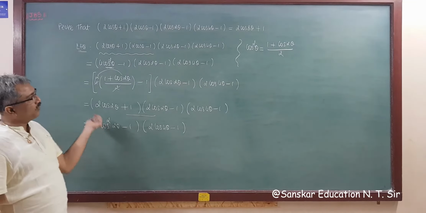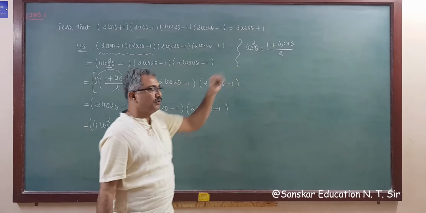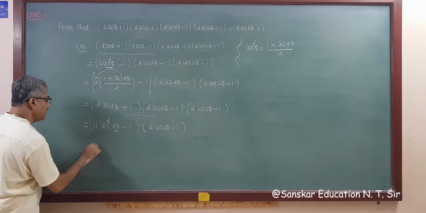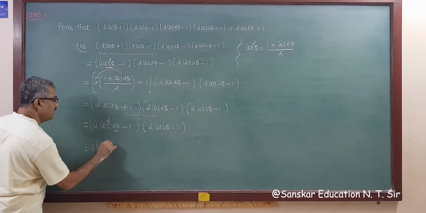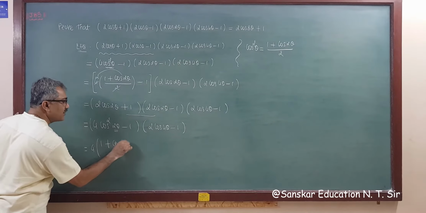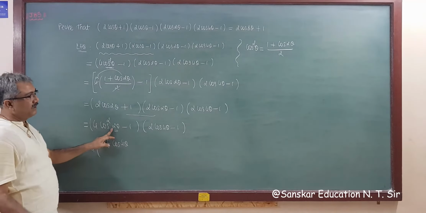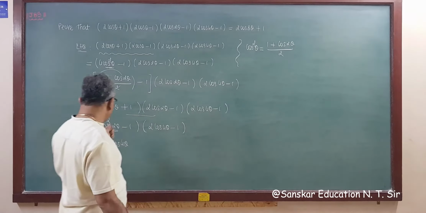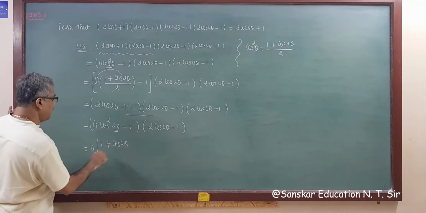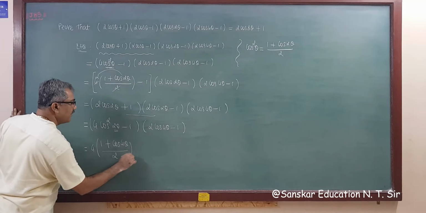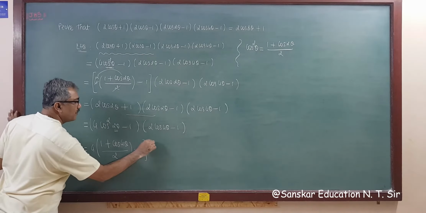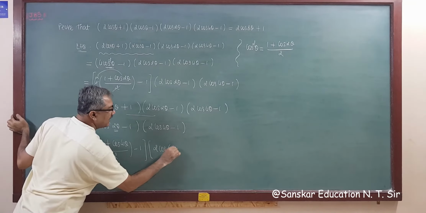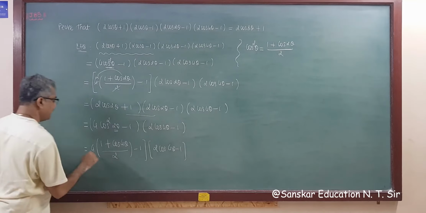Again applying the formula for cos square theta, theta becomes 2 theta, so this 2 theta becomes 4 theta. So what is your answer? 4 times (1 plus cos 4 theta) by 2, minus 1, this bracket over, and this is 2 cos 4 theta minus 1 as it is.